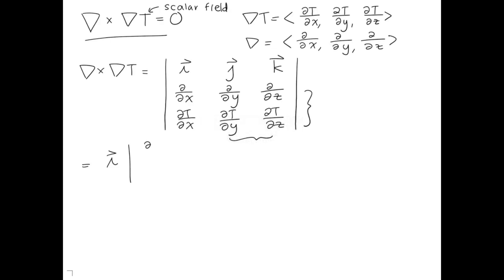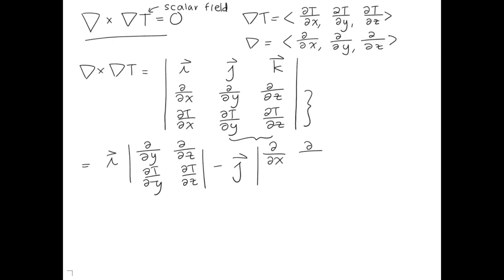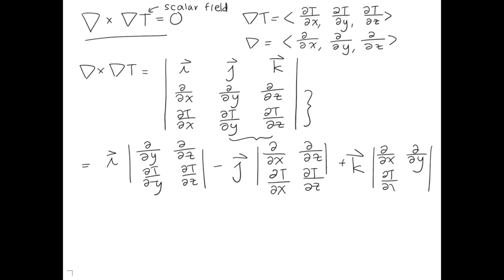So we have del, the partial derivative with respect to y, with respect to z, and then when applied to T, we have the same, minus j, and once again we follow the same idea, except now with x and z, and when applied to T. And finally we have k, our z unit vector, and we have x and y, and x and y with respect to T.